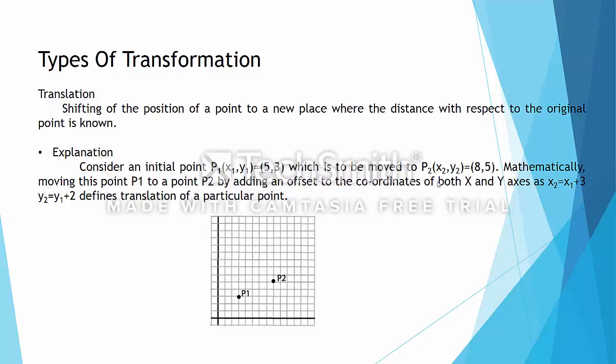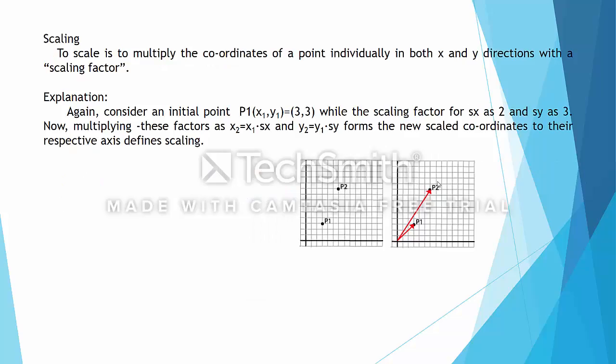This means translation is defined by adding an offset in x and y directions. Also, we can move the whole figure by moving all single points. For a many-sided figure, when a polygon is considered, we move all the corners.